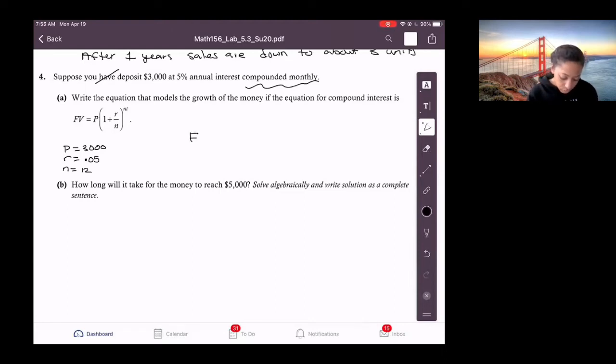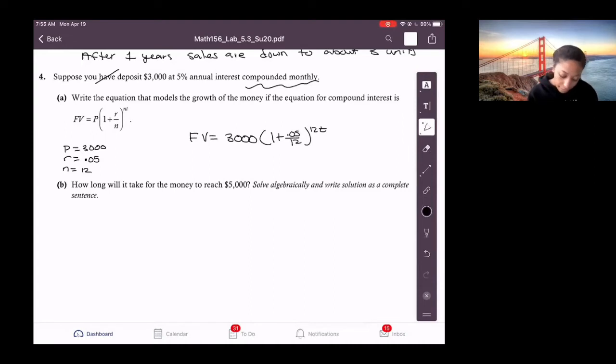Our equation would be the future value is 3,000 times 1 plus 0.05 over 12 to the 12t power. All right, so if we plug in t, the number of years that we've made this investment, into this equation, it'll tell us how much money we have at the end of the investment.